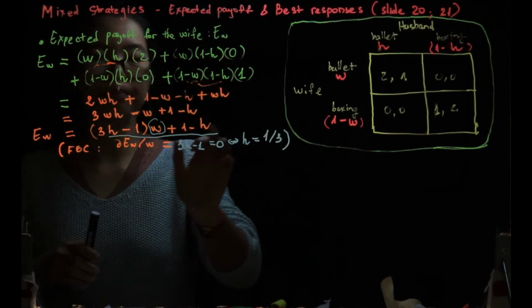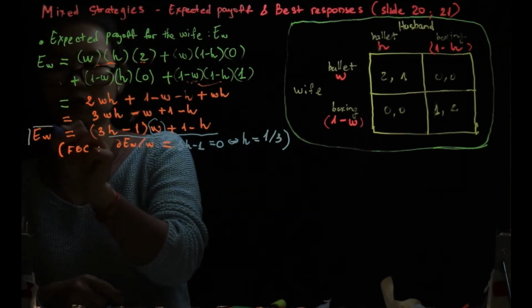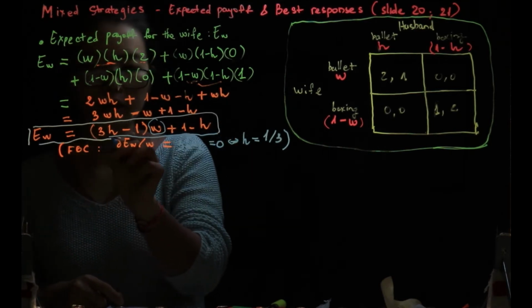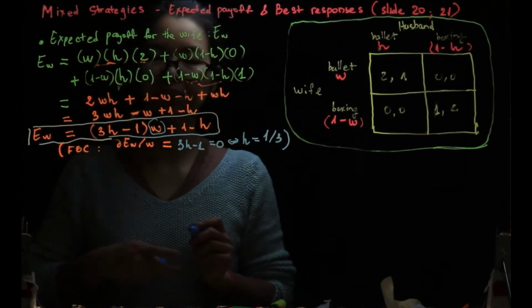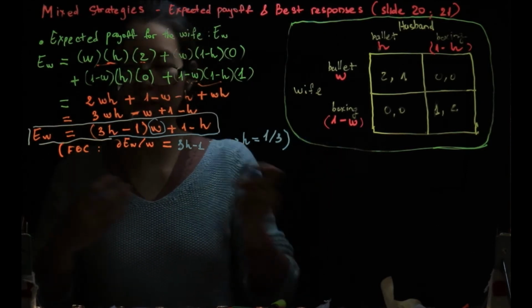We could put it back into this expected payoff function to see what happens for the case that H equals 1/3, and the cases where it's not.